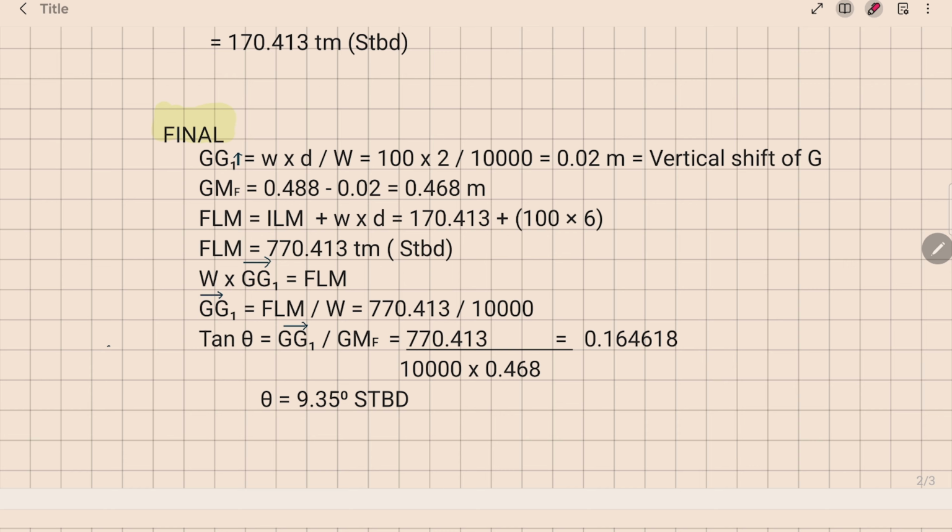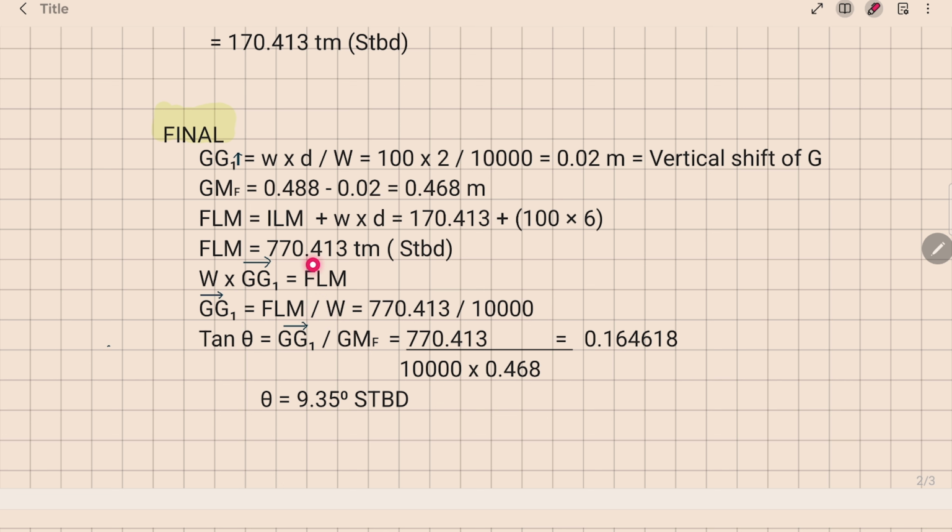And once again, the listing moment is given by displacement multiplied by horizontal shift of G. So in the final case, what will be the GG1, horizontal shift of G? Final listing moment divided by displacement.